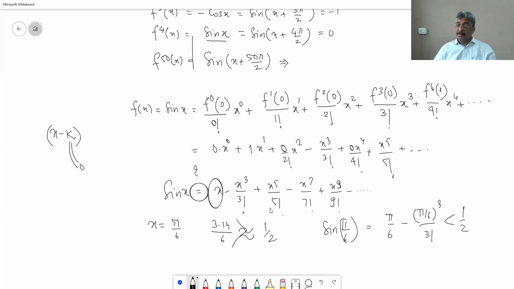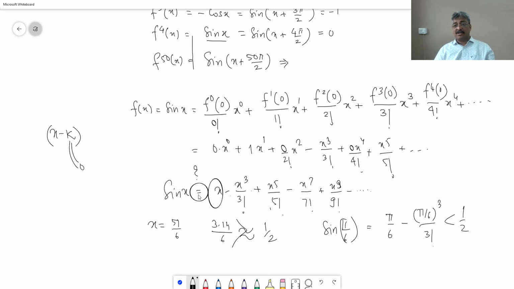Whatever accuracy, if it is a machine which is involved in brain surgery, maybe you take the first 100 terms and find out the value. But if it is involved in weighing sugar at a grocery shop, it is okay if you take only two terms. It is good enough.